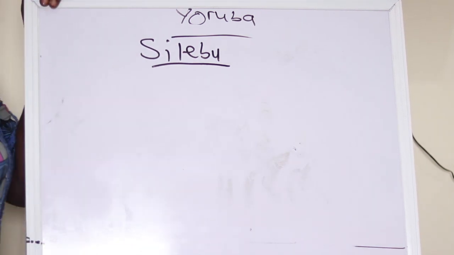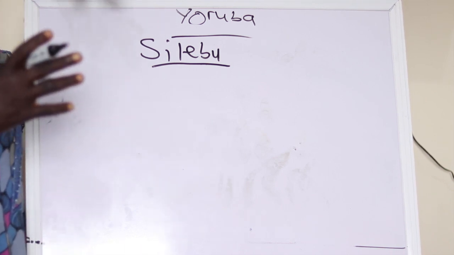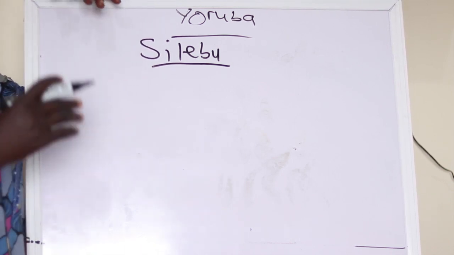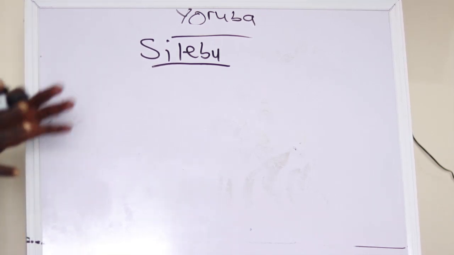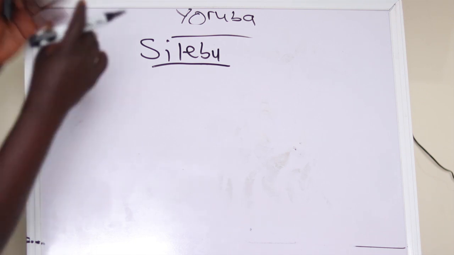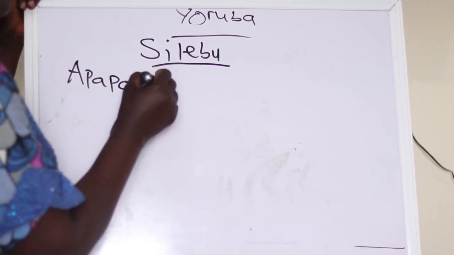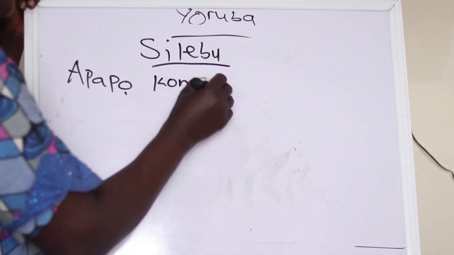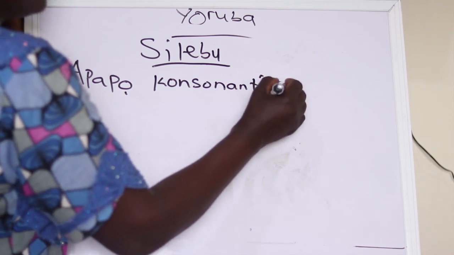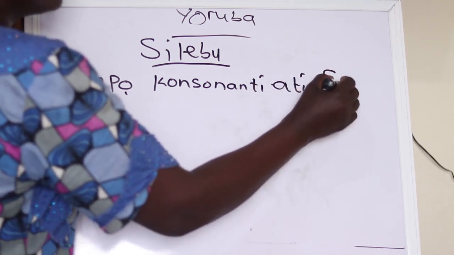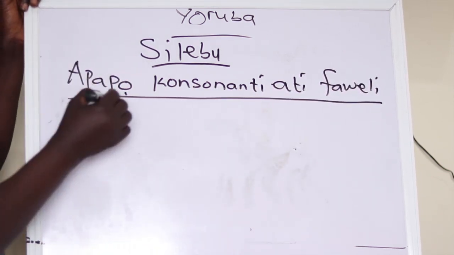When we say syllable, that is the mixture of consonants and the vowel sound. Tí a pè ní àpapọ̀ kọ́nsọ́náǹtì àti fáwẹ́lì.